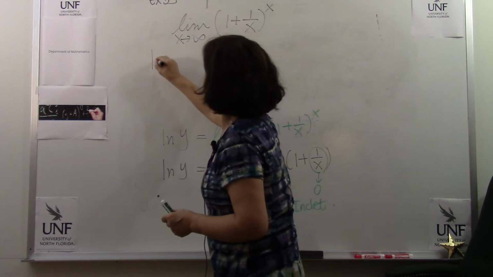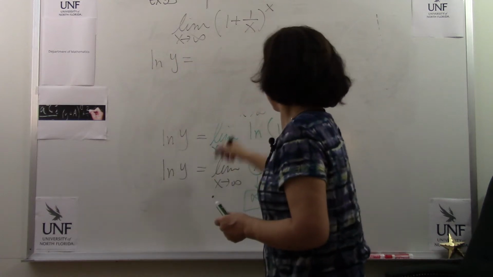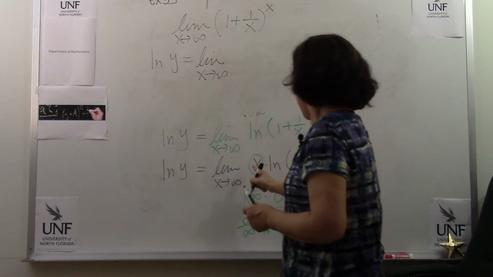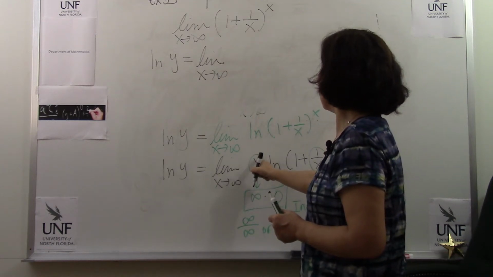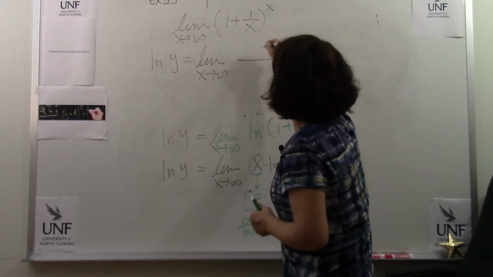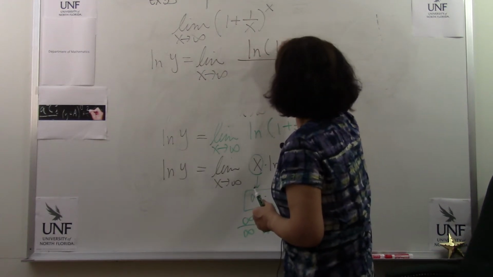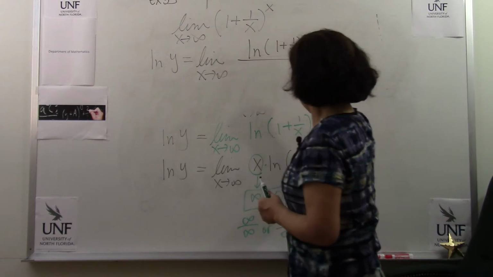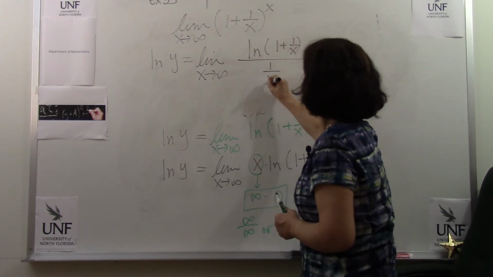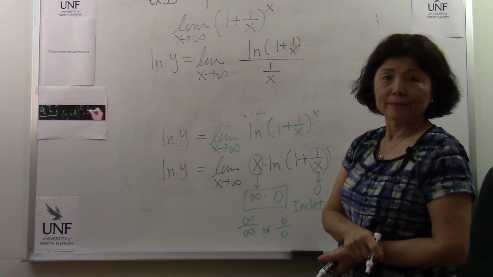again ln y equals the limit as x goes to infinity. I'm going to put this one as 1 over x and then put this one in the numerator. So ln(1 plus 1 over x) is upstairs. In the denominator, you are going to put 1 over x. Okay?